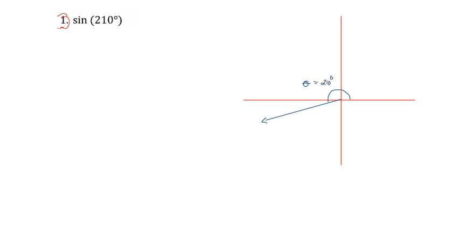theta is equal to 210 degrees. And then we are going to get the reference angle out of this one. That's step 1. You have to find the reference angle. So theta prime would be, since this is in quadrant 3, the formula that we use to find the reference angle in quadrant 3 is theta prime equals theta minus 180 degrees.